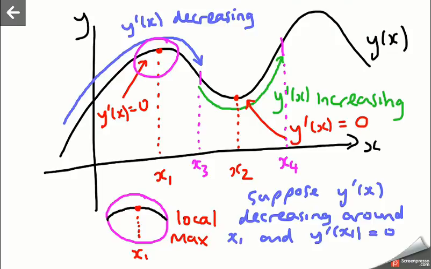Well, that means that the graph must take this kind of shape, because the slopes are decreasing and it's equal to 0 at x1, we must have that kind of shape that we have in the circle there.